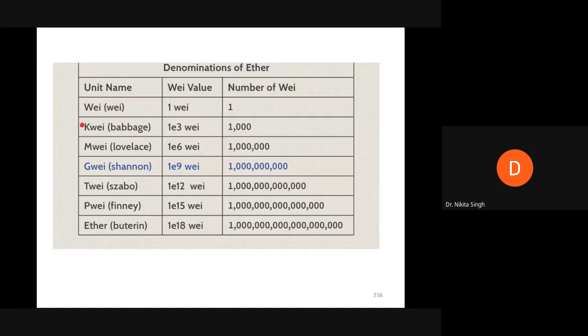We have Wei, KWei, MWei, GWei, T, PWei, and finally Ether, which means one Ether is equal to 1 followed by 18 zeros. So this tells you that Wei is the smallest denomination of Ether.